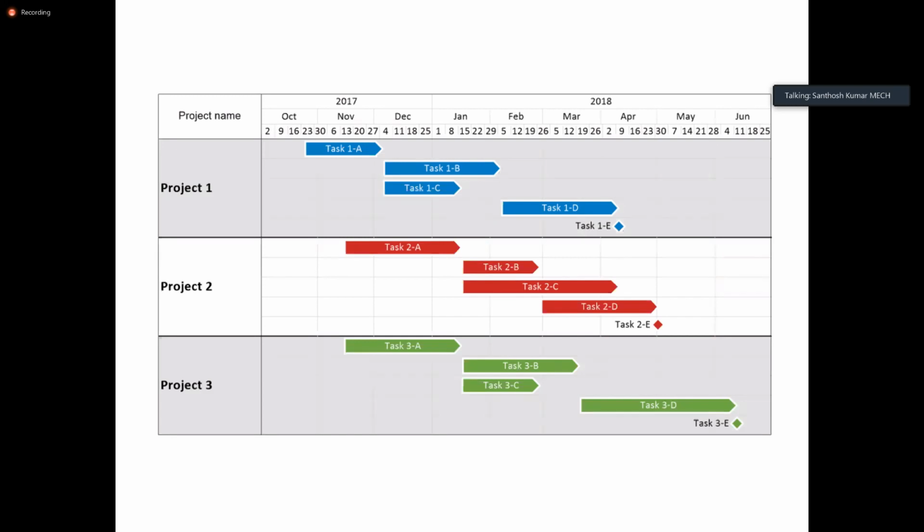Then the concerned department head, company CEO or general manager will raise the alarm immediately, and the same information will be conveyed to the customer: instead of delivery at the end of June, it is going to be delayed by one more month. If you don't follow up like this, at the end of June the customer will come to the factory.